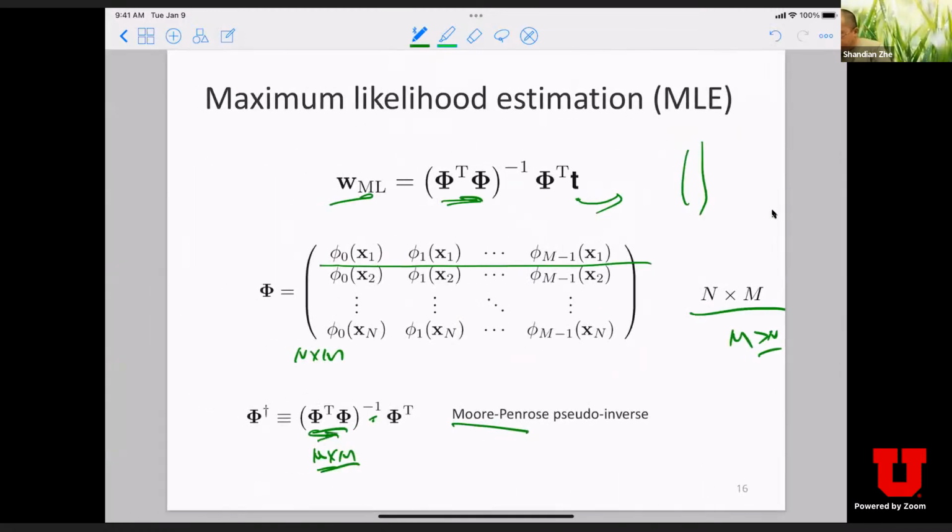If phi transpose phi is approximately low rank, or the determinant is close to 0, even if you apply the Moore-Penrose pseudo-inverse, it will give you some result, but the values in this inverse will be very large, maybe 10,000, maybe a few hundred.